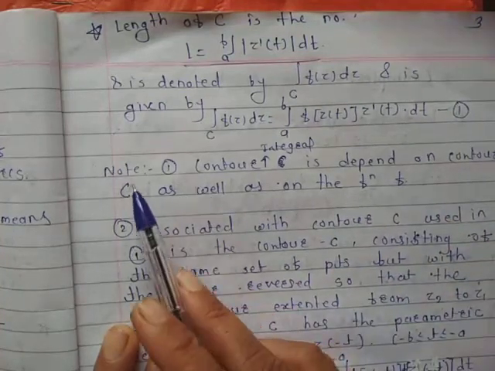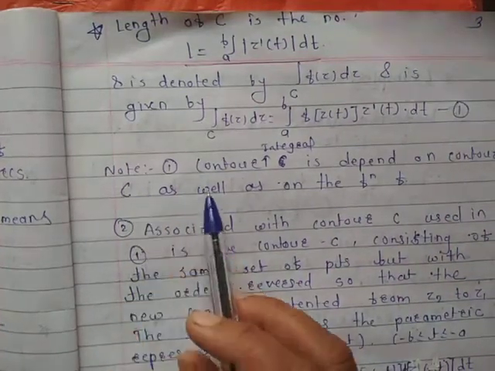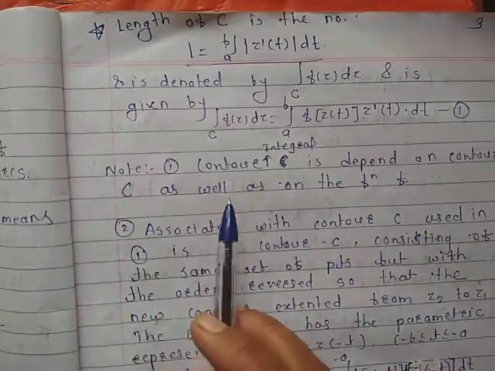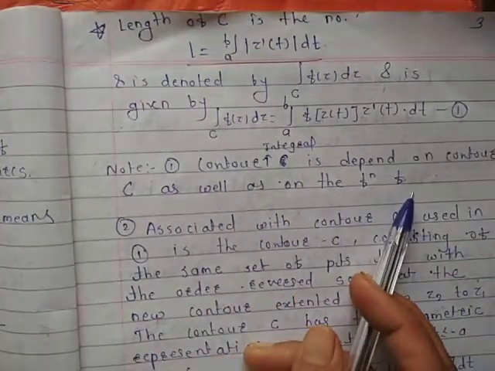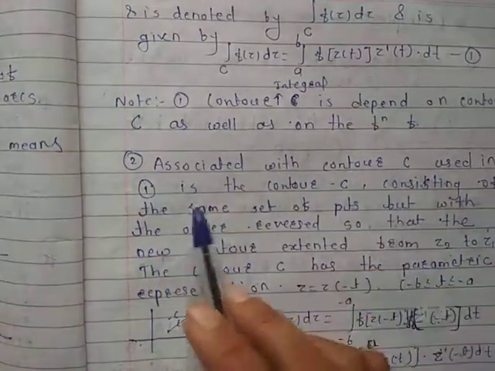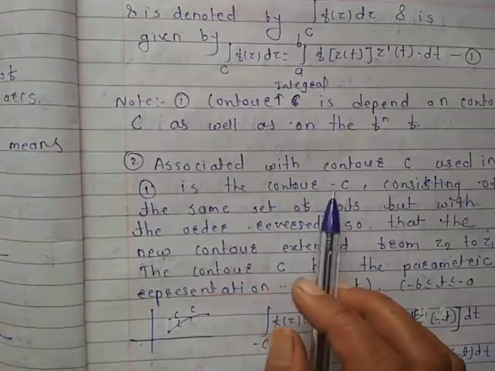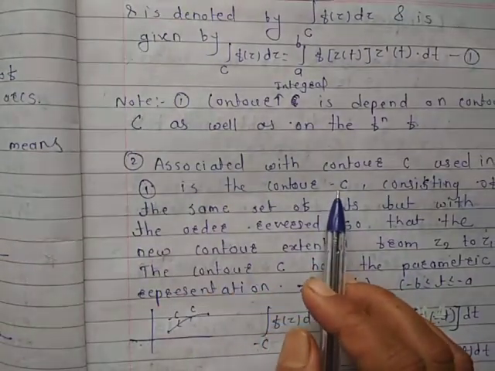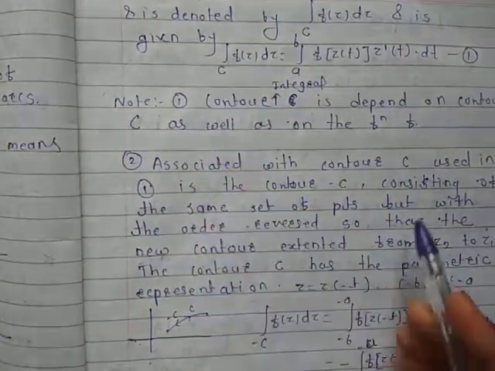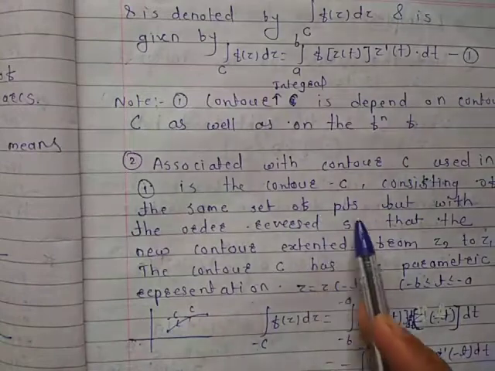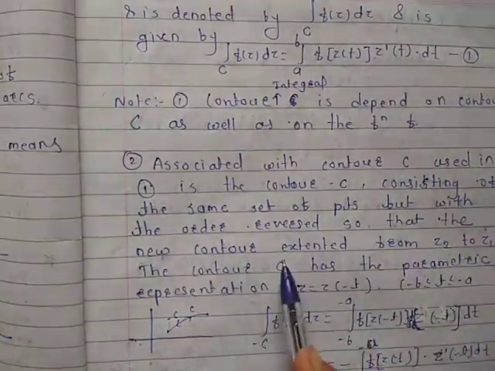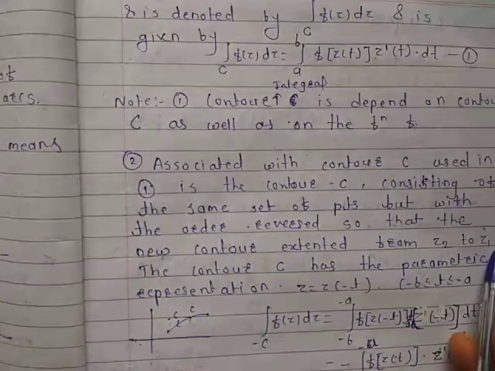One. So first note: the contour integral depends on the contour C as well as on the function f. Okay. Second, associated with the contour C used in 1 is the contour minus C, consisting of the same set of points but with the order reversed, so that the new contour extends from z2 to z1.